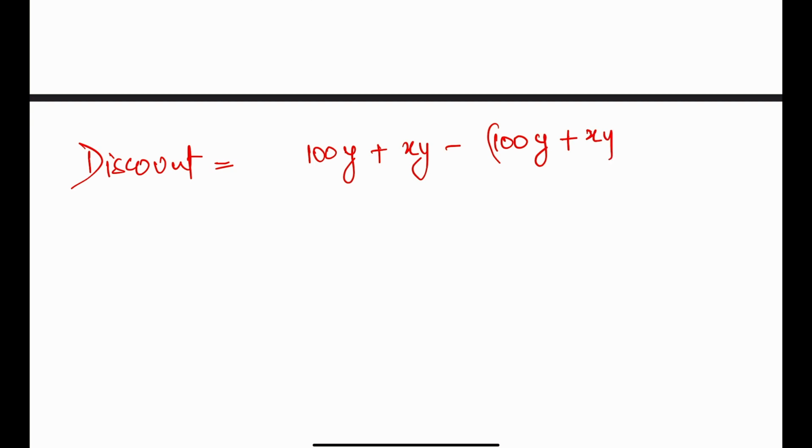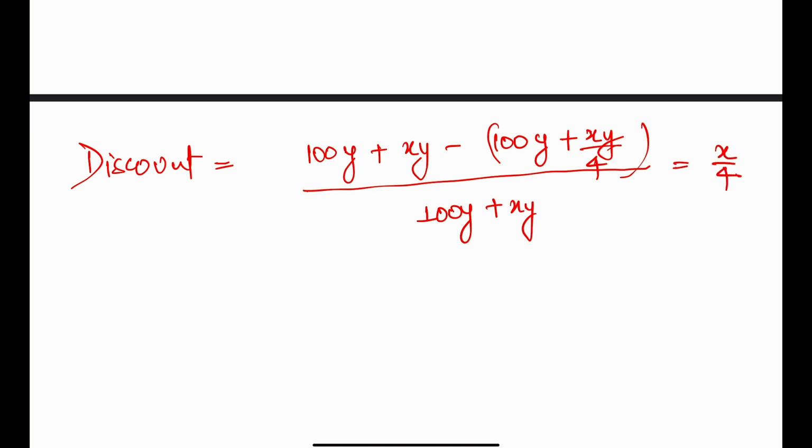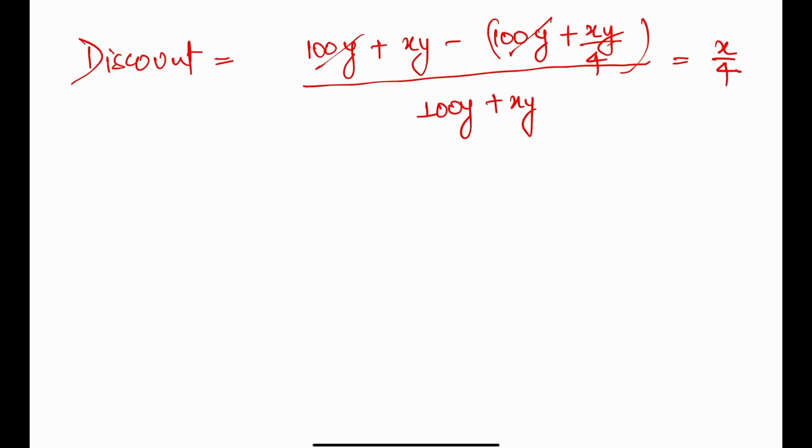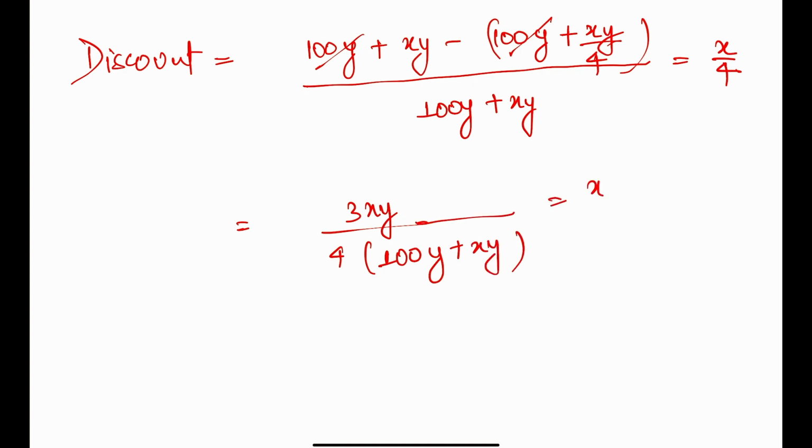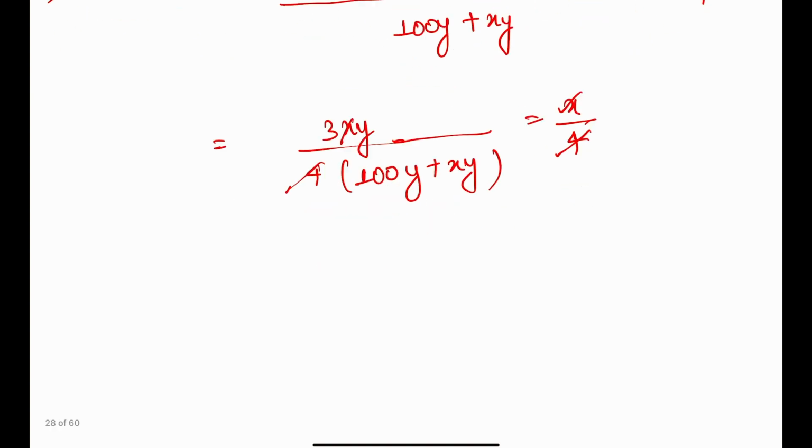plus xy upon 4, divided by the market price only, 100y plus xy, equal to how much? This is again x by 4. So 100 by 100y will be gone. It will be 3xy upon 4 into 100y plus xy equal to x by 4. This 4 will go away, this x will go away.